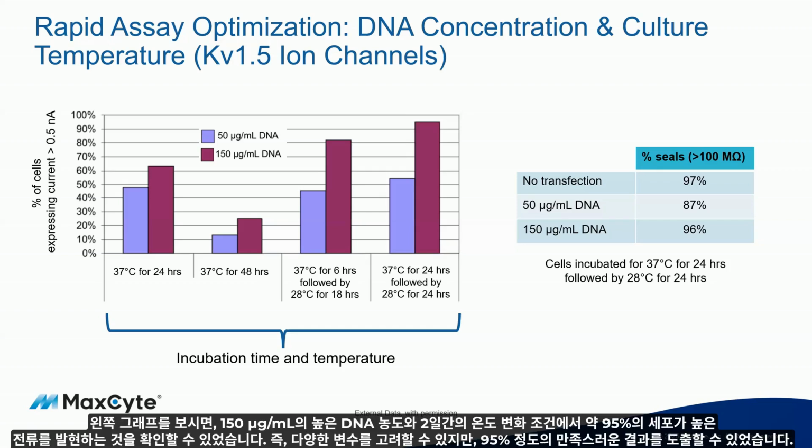And on the left side, you can see that they got the highest percent of cells expressing high current, at around 90-something%, with the highest concentration of DNA, around 150 micrograms per mil, with the temperature shift in 2 days. You can think about all the other variables you could be playing with here, but I think they were quite happy with getting around 95%.